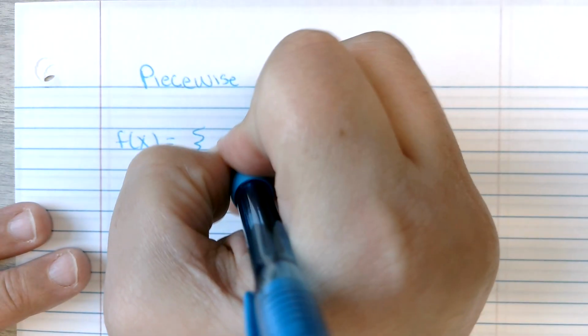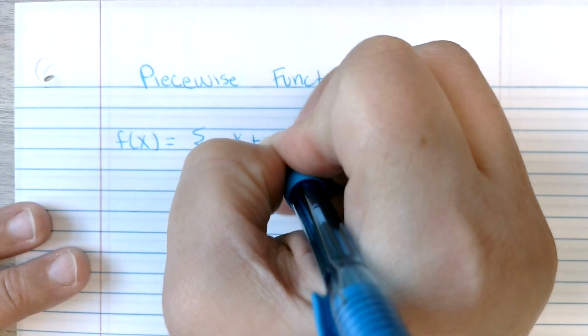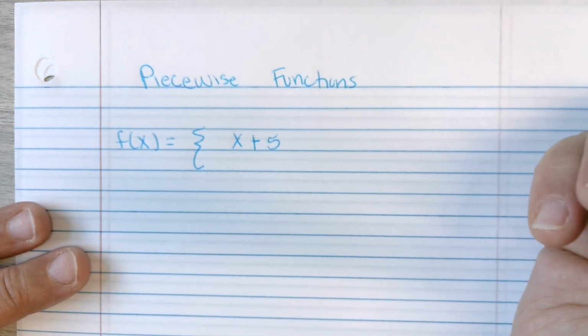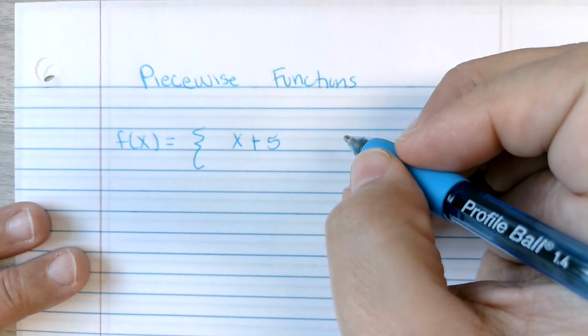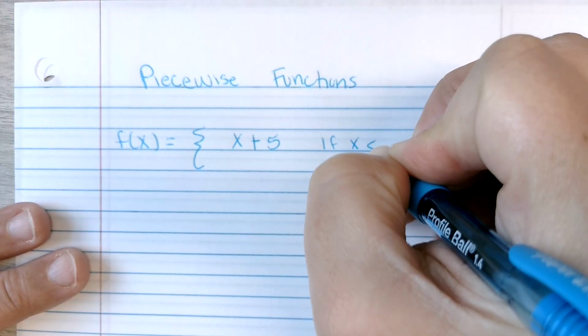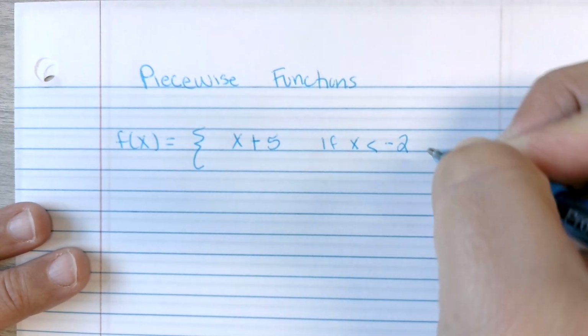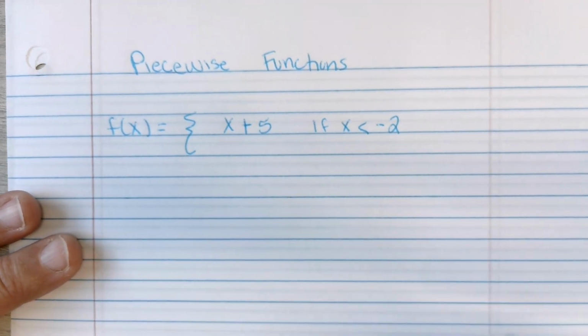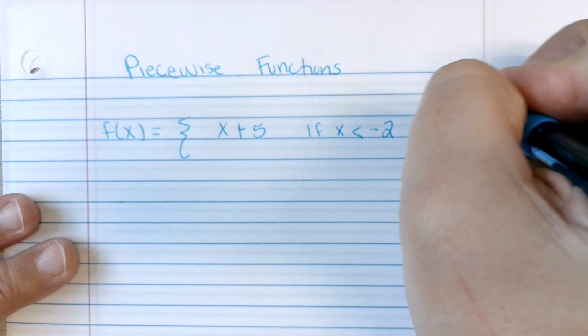Okay, so for example, let's say I had a straight line, x plus 5, but only if the graph is before the negative 2. So I'll do a real quick sketch.